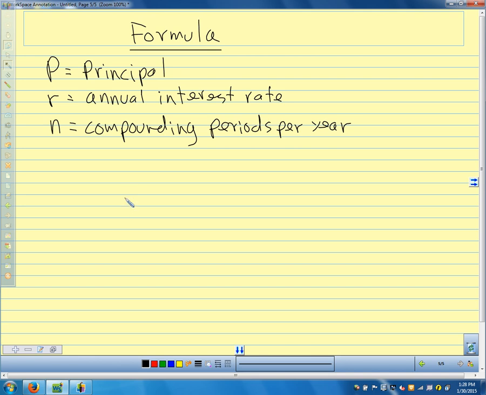What else do I need to have here? T is the time in years. And A is the amount that we end up with.